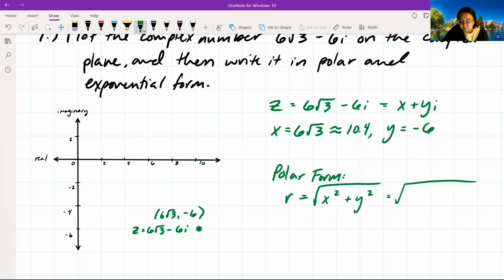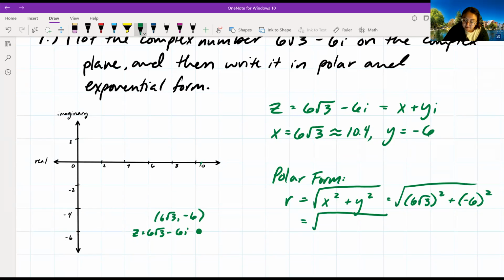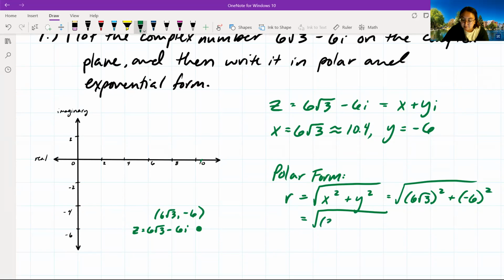In this case, x is 6 times the square root of 3, squared, plus y, which is -6, squared. So solving for these values, we get the square root of 36 times 3 plus 36. And when we add these values together, we get 144, which is equal to 12. So our r value is equal to 12.